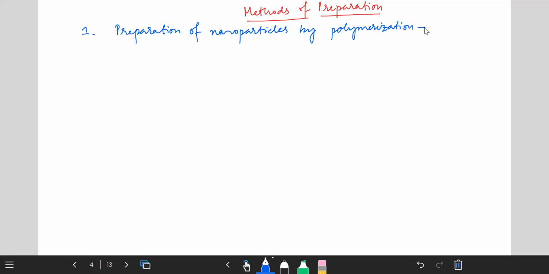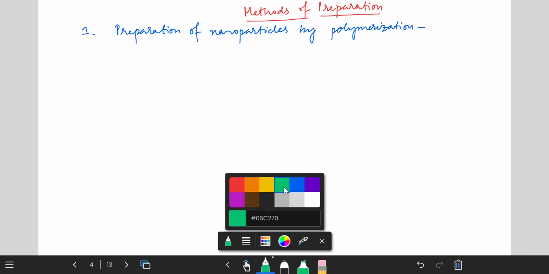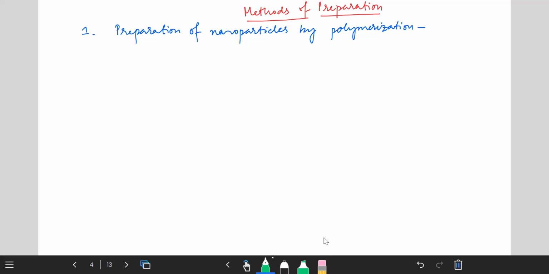In this technique, two types of polymerization processes are used. First one is emulsion polymerization, and the second one is interfacial polymerization.